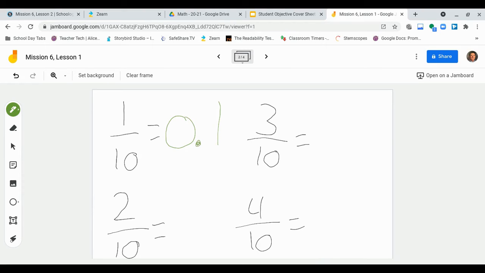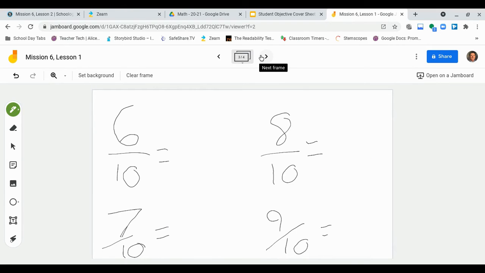It's in the tenths place. 2/10 would be written 0 decimal 2. I know my decimals are pretty sloppy right now, but that's just how it works on this touchscreen. 3/10 would be 0 wholes, decimal 3. 4/10 would be 0 wholes, decimal 4. Do you see the pattern here?